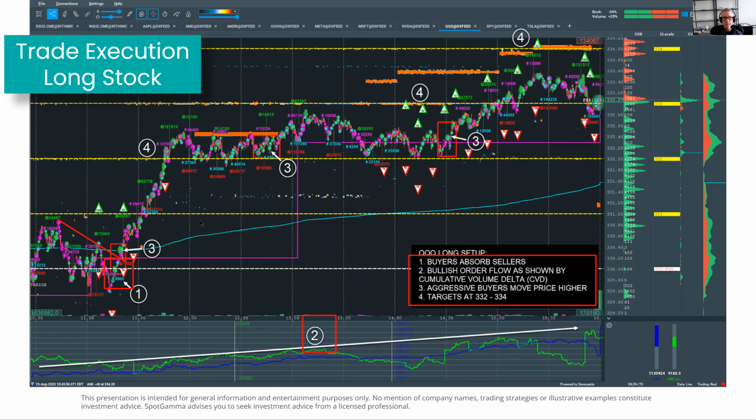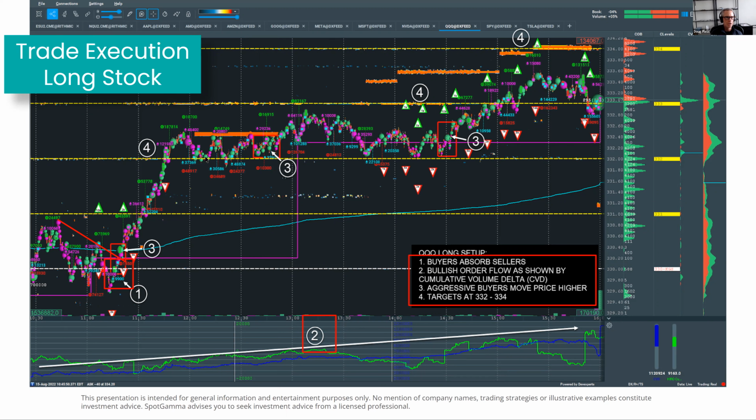And again, remember, I was also looking for a lower volatility day. So this is not a lot of movement. And there were targets. I was looking at targets at the 332 level, the 333, and the 334. And then notice the quick move up after the trend break.